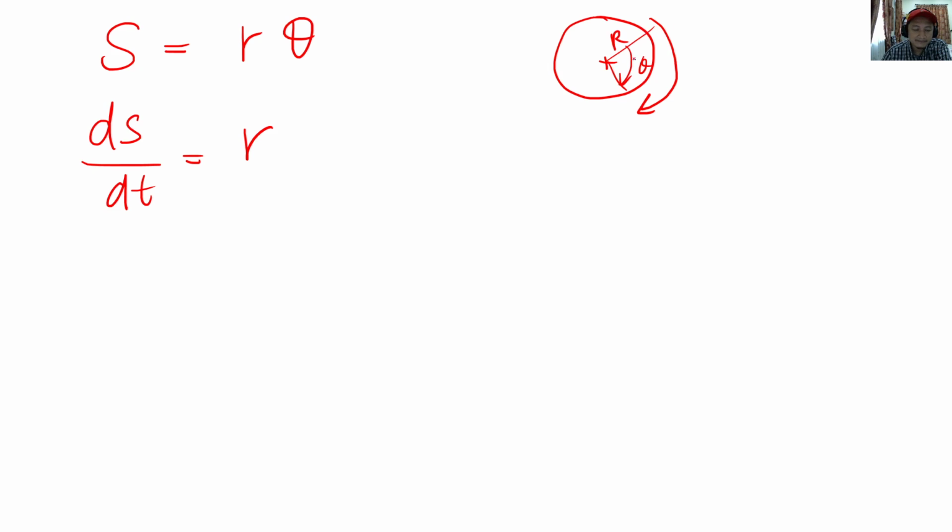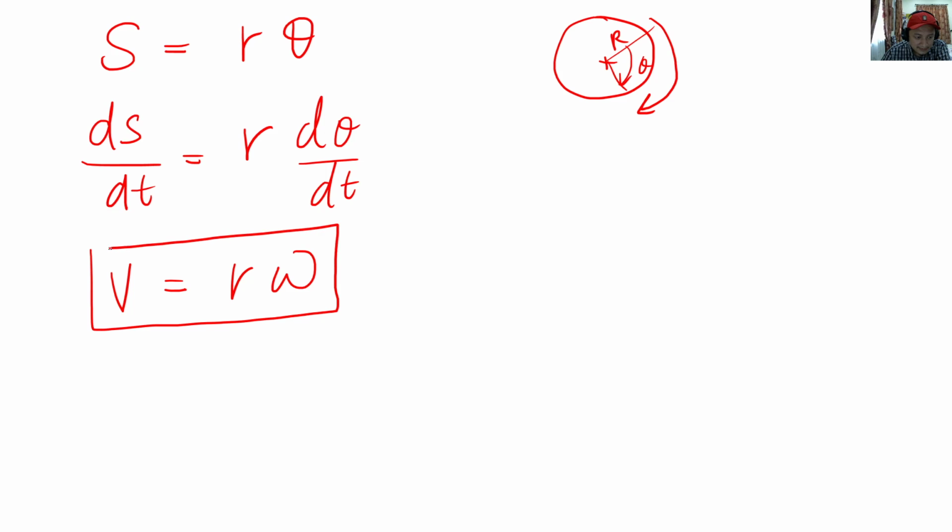Radius remains the same. ds over dt you get v. r is r, no change. d theta over dt you get omega.